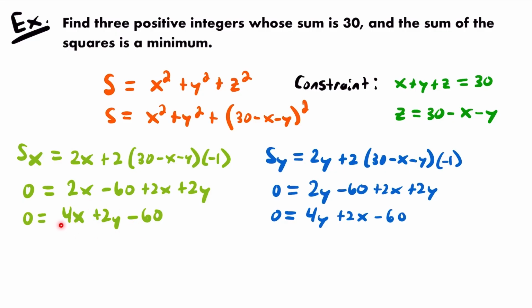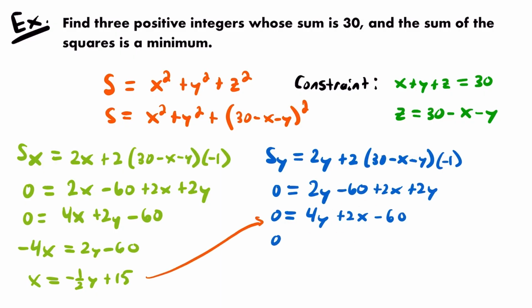To do that, I will subtract 4x from both sides of the equation. So we'll have minus 4x is equal to 2y minus 60, and then divide both sides by negative 4, and you get x is equal to negative 1/2 y plus 15. And so now plugging that in for x in this equation, here's what we will get. 0 will be equal to 4y plus 2 times negative 1/2 y plus 15 minus 60.